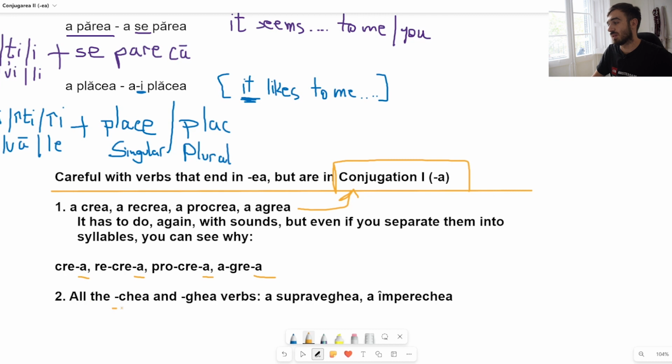And also all the kya and gya verbs, supraveghea and perechea. Again, this has to do with the phonetics. Both of those are about phonetics. In this specific case, supraveghea, this is all together a sound, and kya as well. So you will not have an e, a separately, you'll have a kya or you have a gya.